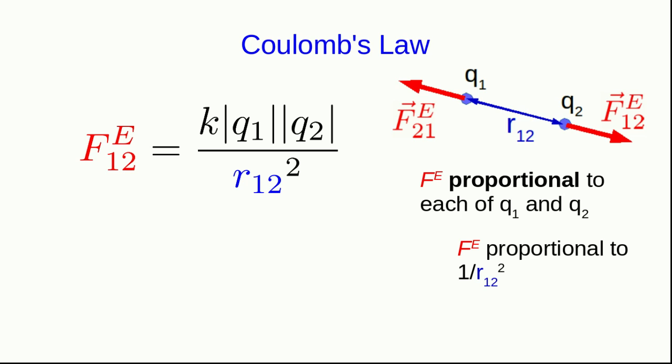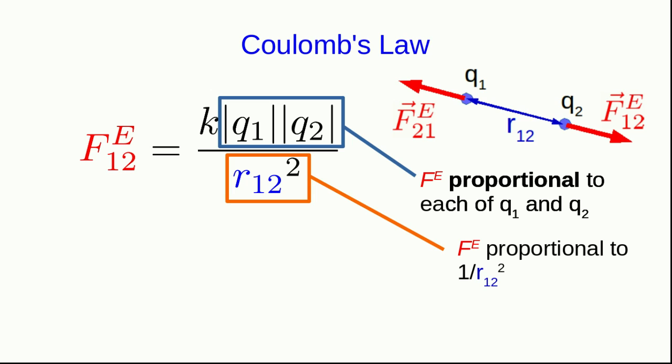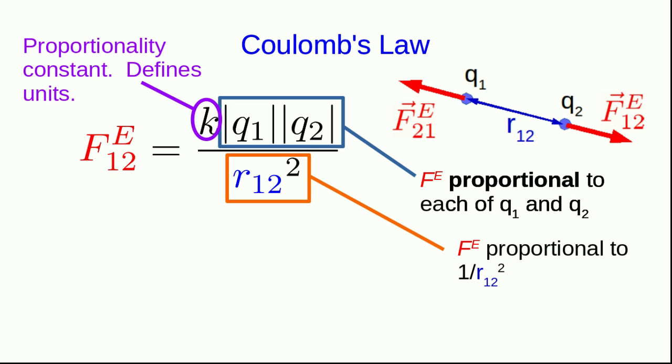Knowing the proportionalities is all we need to know to be able to write down the relationship between the electric force and these quantities that it must depend on. And so here is the relationship. And if you just look at the structure of it, you can see that the electric force is proportional to both Q1 and Q2, and it's proportional to 1 over the distance squared. And like any proportionality, this must have a proportionality constant in front.